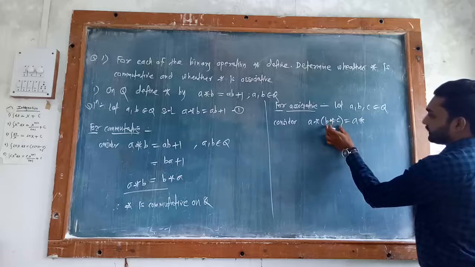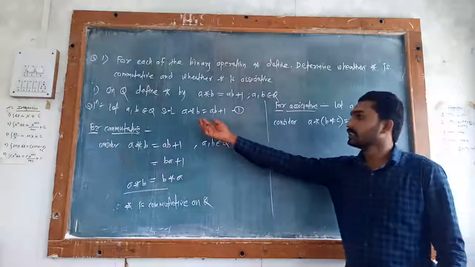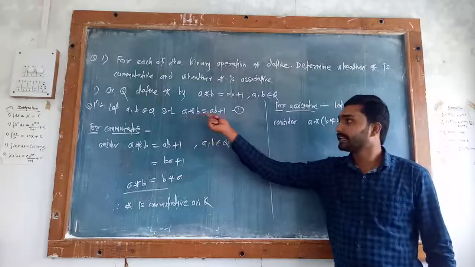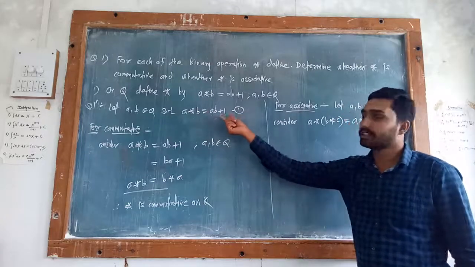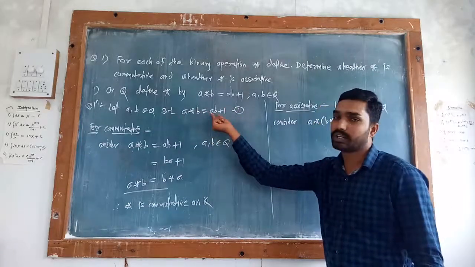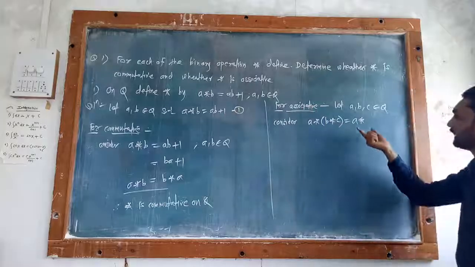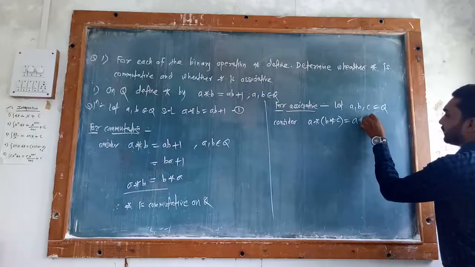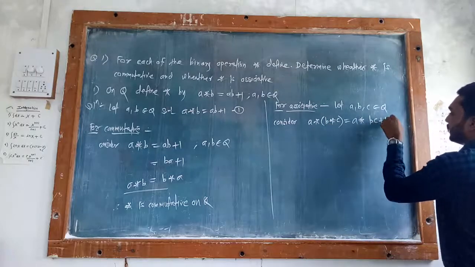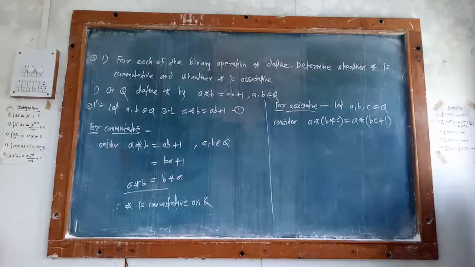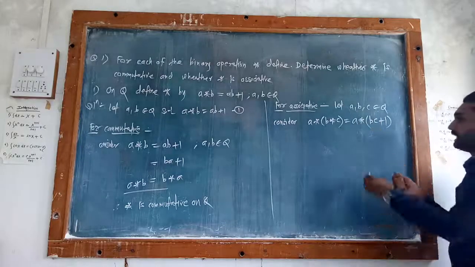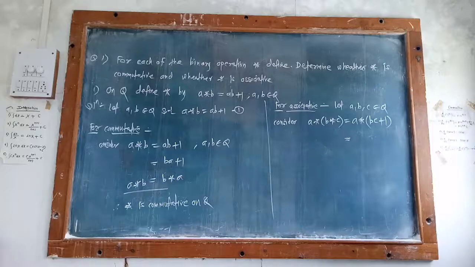What is the value of B star C from equation 1? Equation 1 gives A star B equals AB plus 1: take the product of the two elements and add 1. Similarly, B star C becomes BC plus 1, in a bracket.